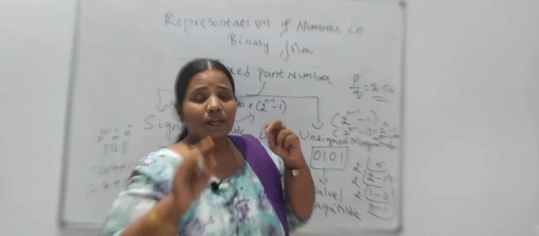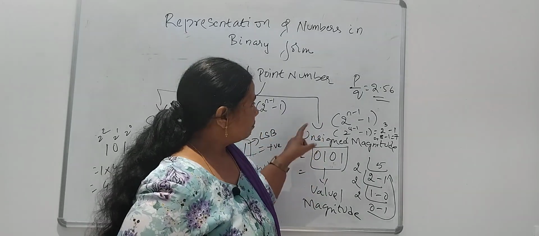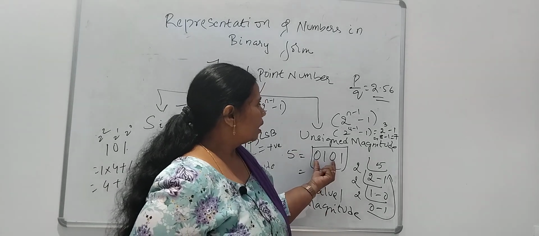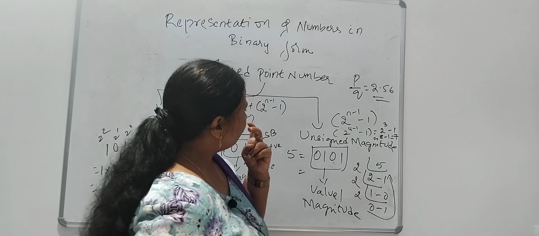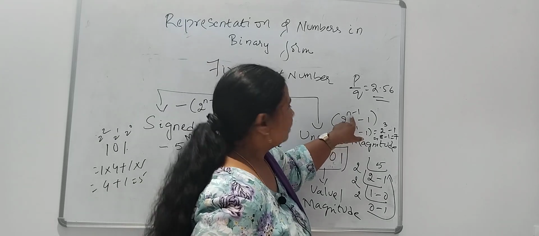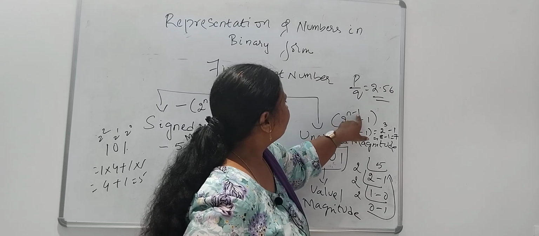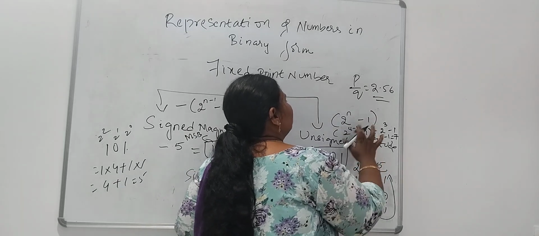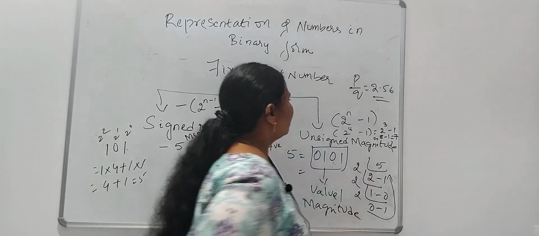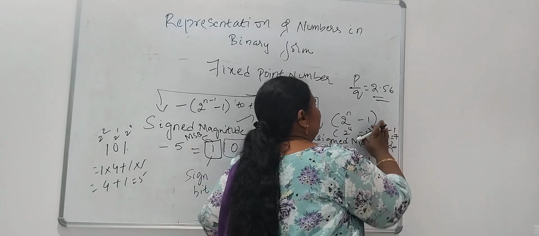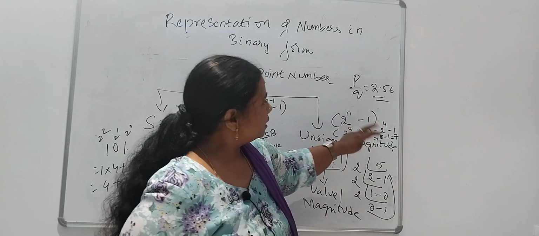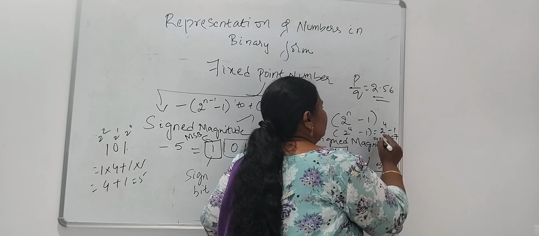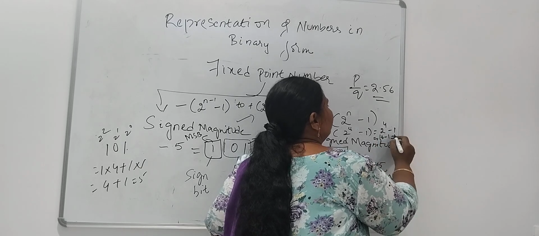So that means whenever you take 4 bits, okay, here, no, this is not n minus 1, sorry, it is 2 to the power of n minus 1. 2 to the power of 4 minus 1, that is nothing but 16 minus 1, that is nothing but 15.